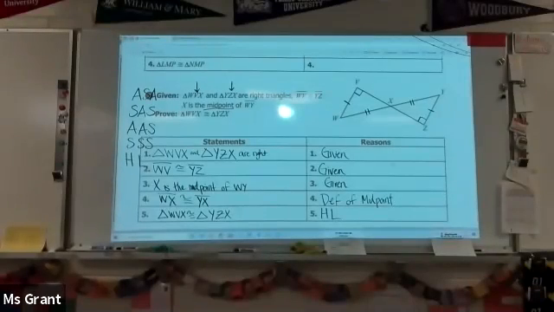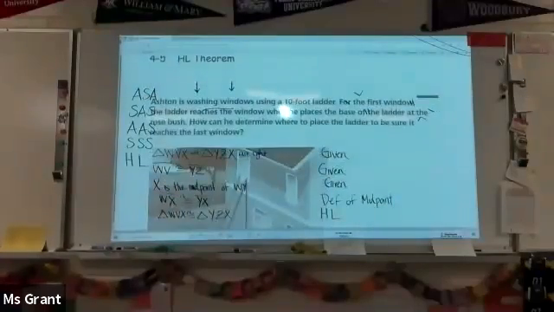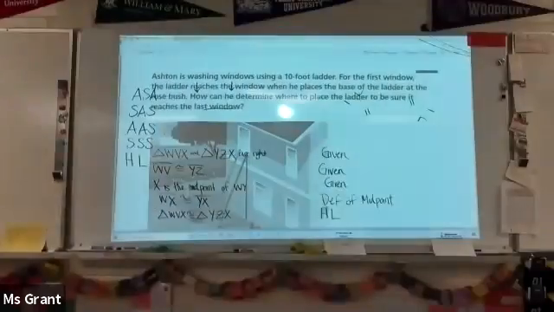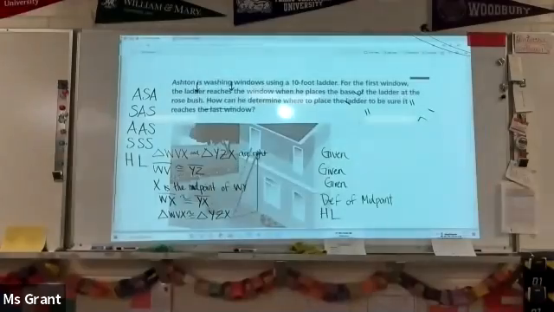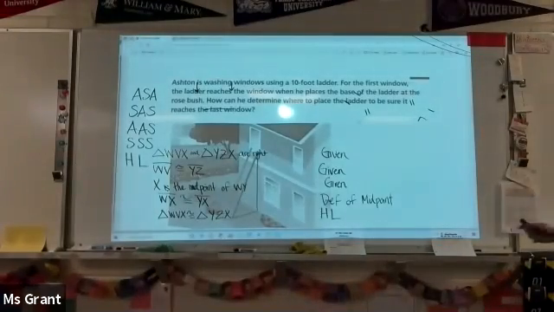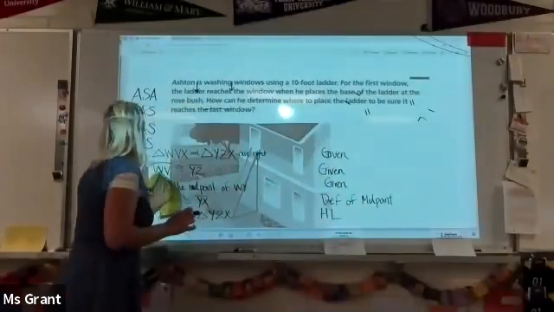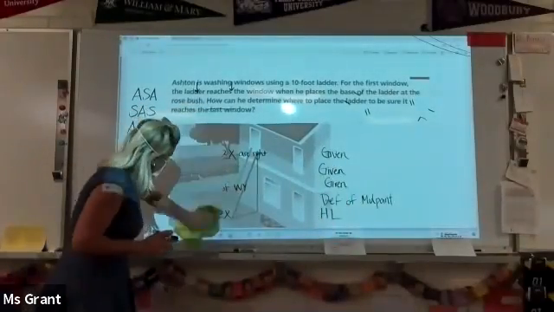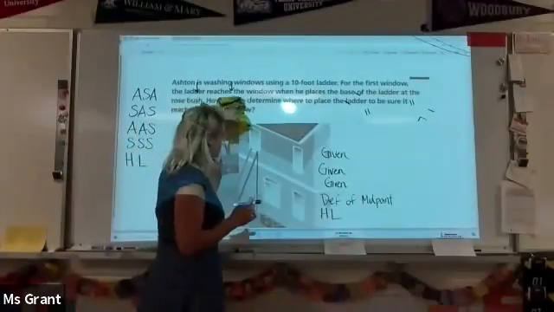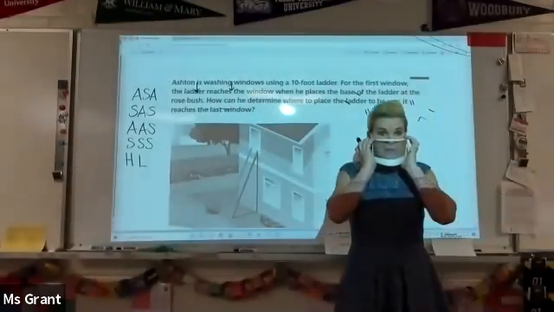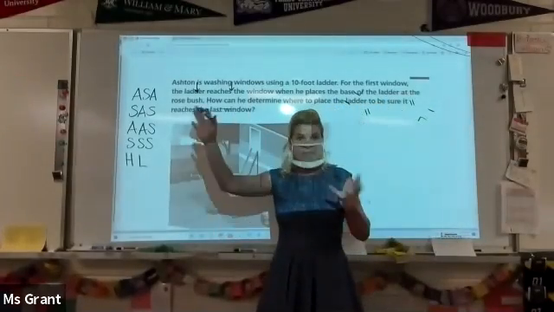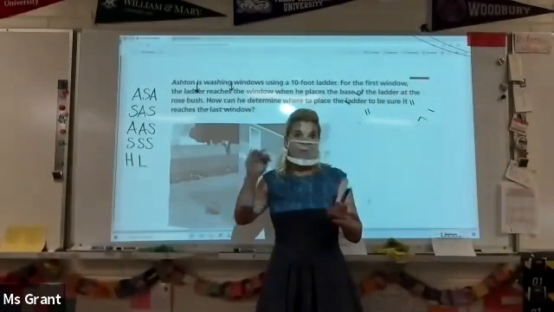I'm going to scroll down. I want to look at this word problem. You lean up a ladder against the house, right? If you need to reach a window, you lean it however far you need to so that the top of the ladder reaches the window.